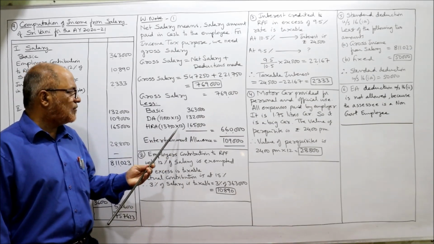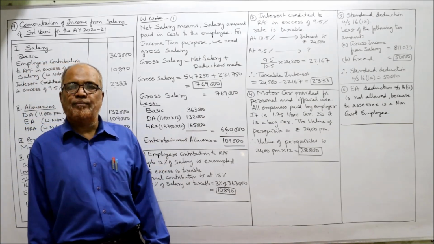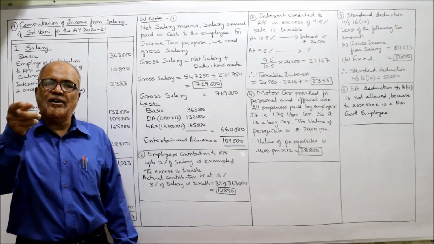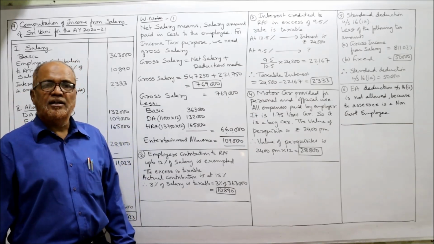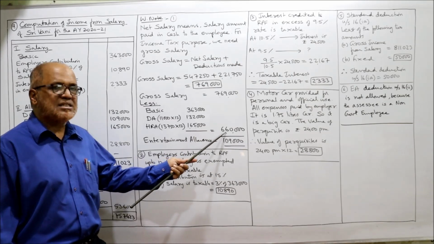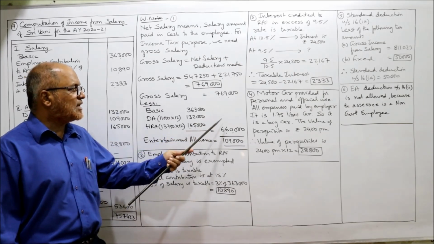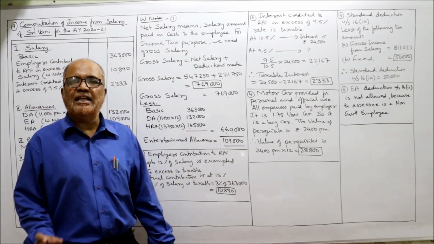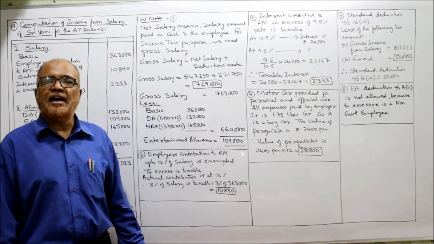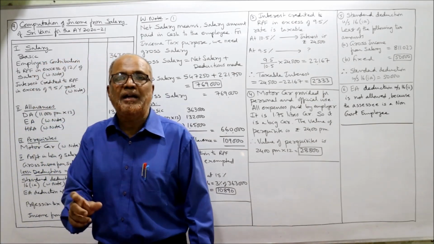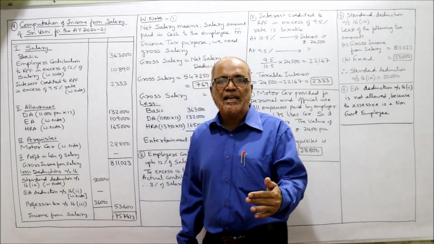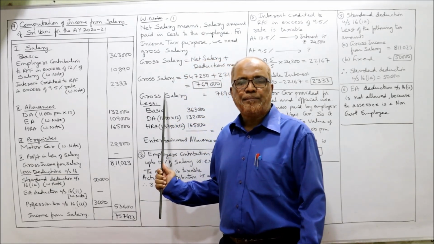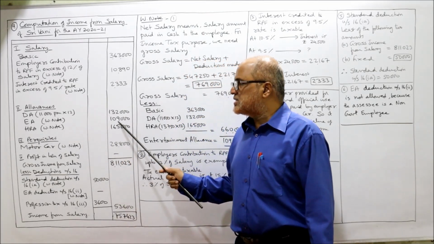HRA 13,750 into 12, 1,65,000. So three items are given. The fourth and final item is EA. So take the total of these three items, 6,60,000. Now deduct: 769 minus 660, 1,09,000. So 1,09,000 is the entertainment allowance. It is not directly given in the problem. We have calculated it, right? So 1,09,000 is the EA.